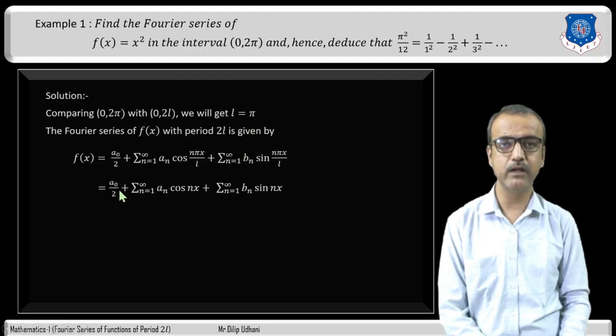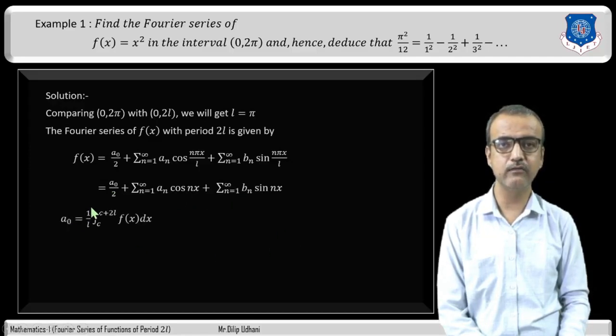If we replace L by pi, we have a0 by 2 plus sigma n from 1 to infinity a_n, and pi will cancel out, so we have cos nx, plus sigma n from 1 to infinity b_n. Similarly, sin(n pi x by pi), so we have sin nx. Now we will find the values of a0, a_n and b_n.